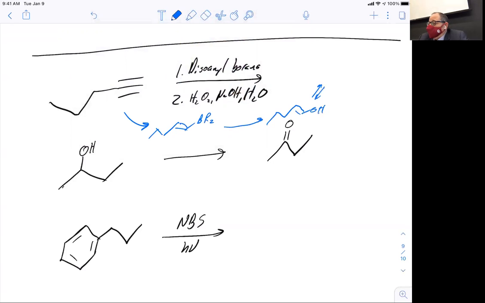The enol tautomerizes to the aldehyde. So the diisoamyl borane reacts similar to BH3 for the alkene, gives us the alcohol on the terminal position, the least substituted position. But since it's an enol, it tautomerizes to the aldehyde.